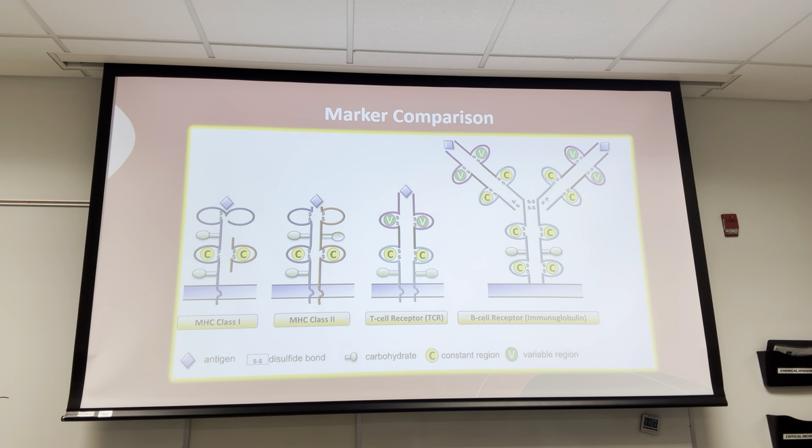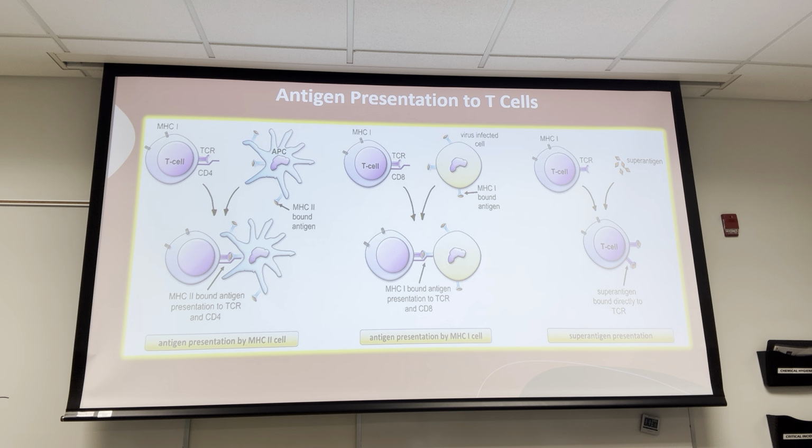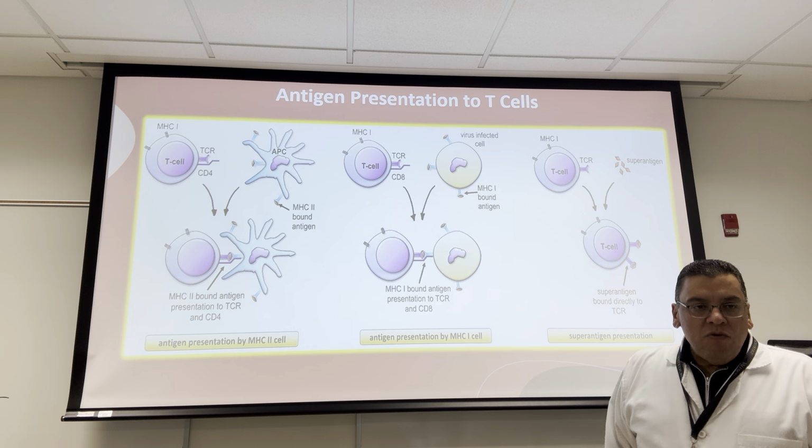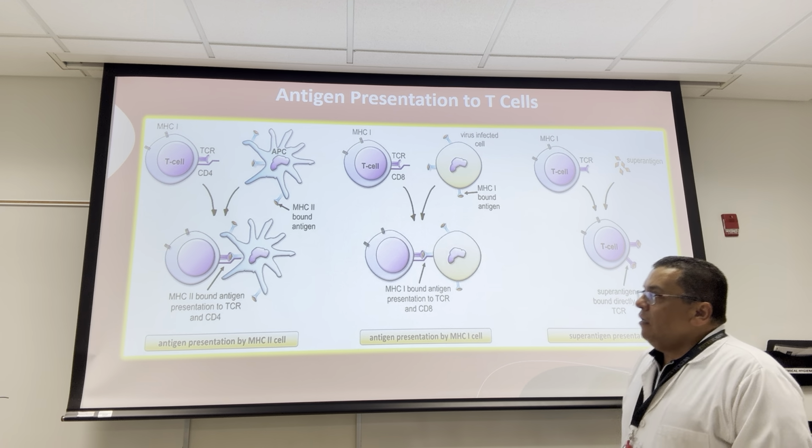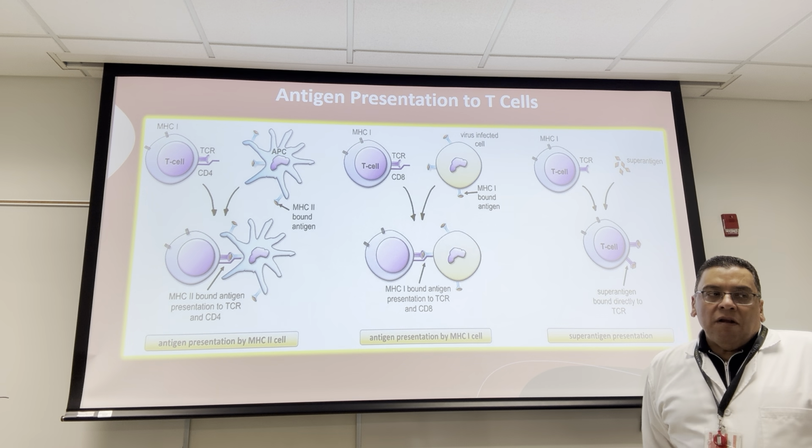All right, we did this already. These are the B cells and the T cell receptors, the MHC1, MHC2. All right, here we go. In case you missed it on Thursday or you heard it, but you did not catch it the first time, I'm gonna do it again.